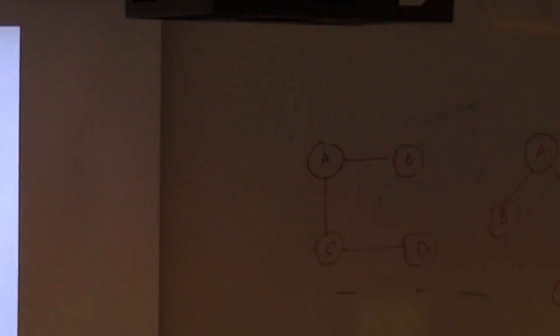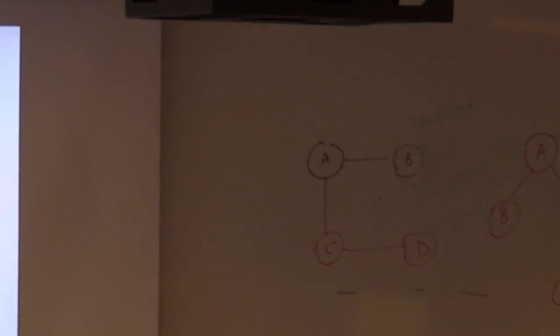However, the difference between a graph and a tree is that in a graph you can have more than one parent or predecessor.